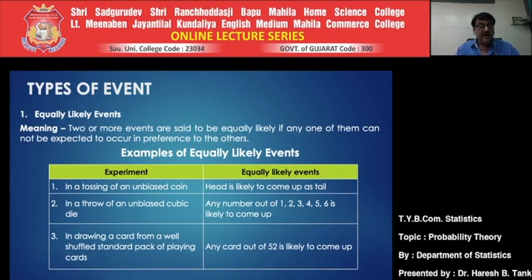Any card out of 52 cards is likely to come up. They have equal likeliness. So, these are called equally likely events.